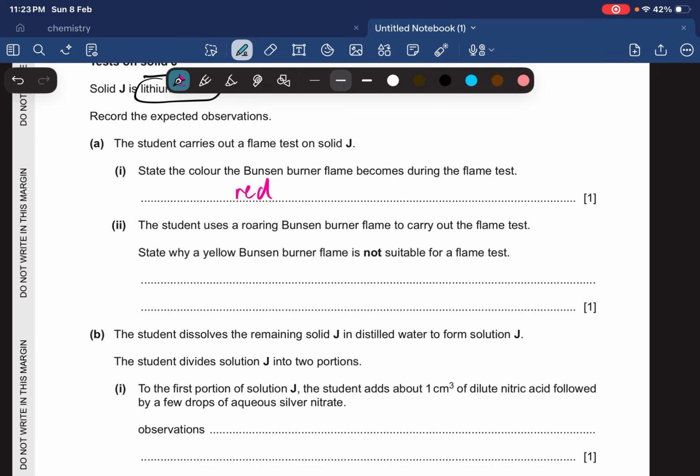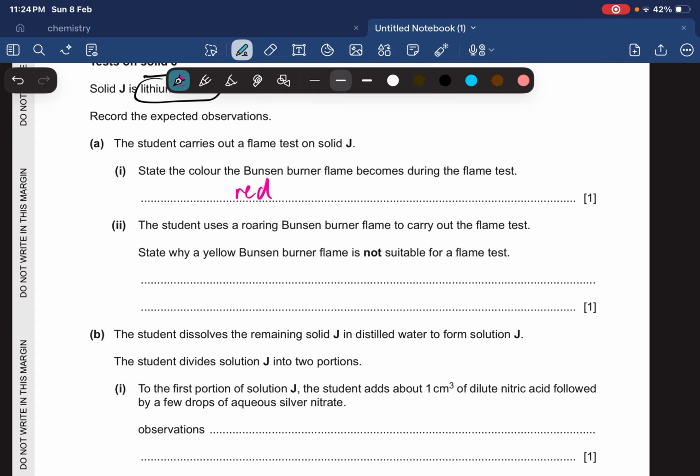The student uses a roaring Bunsen flame to carry out the test. State why a yellow Bunsen flame is not suitable. If you use a yellow flame, that's going to mask your color, right? The color change is not going to be visible. And secondly, you know that a blue flame is extremely hot. If you have ever cooked on a fire, a fire generated from wood is yellow in color.